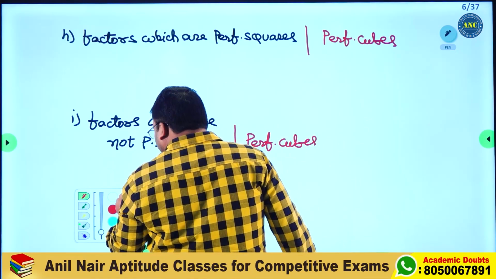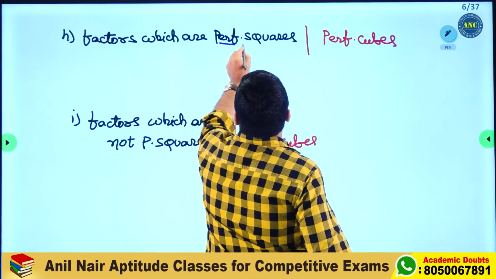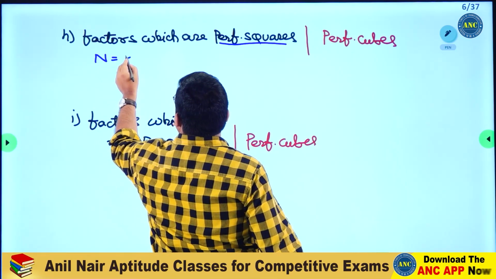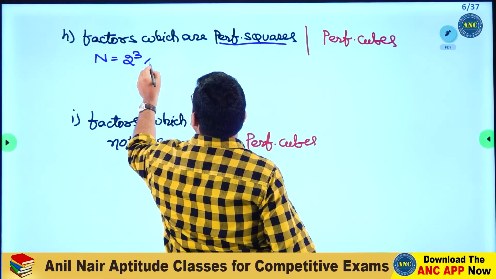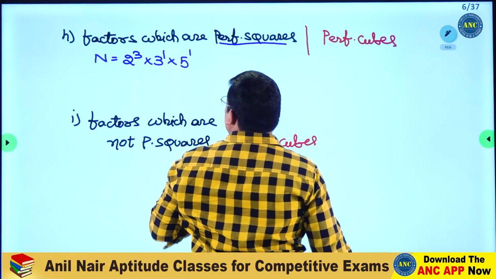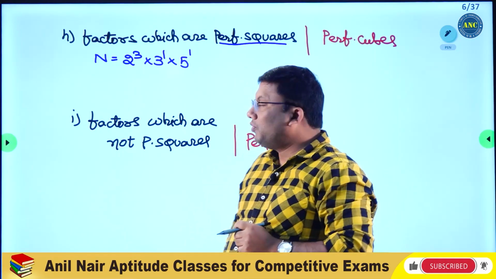Now see here. How to find out the factors which are perfect squares. The number we took is 120. 120 is 2 cube into 3 into 5: 8 threes are 24, 24 fives are 120.